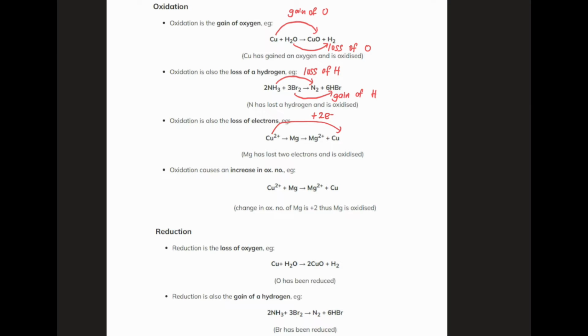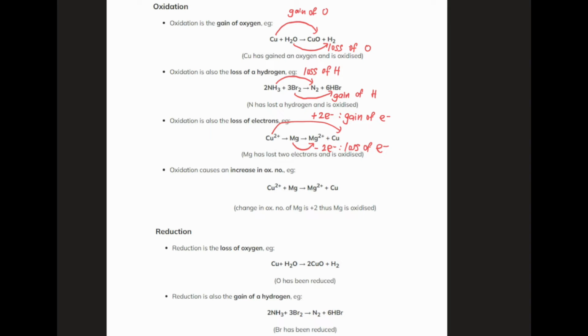So this is gain of electrons. Mg to Mg2+. It becomes positive because 2 electrons are taken away. So this is loss of electrons. So loss of electrons is oxidation.